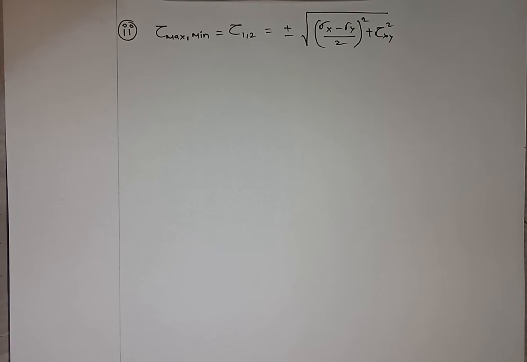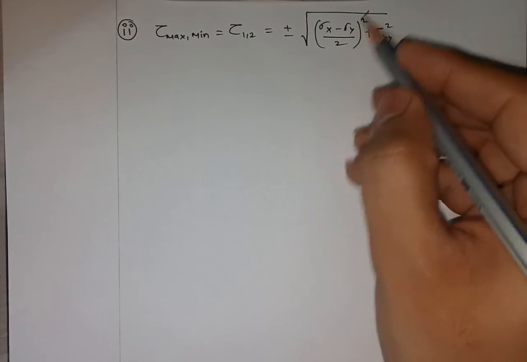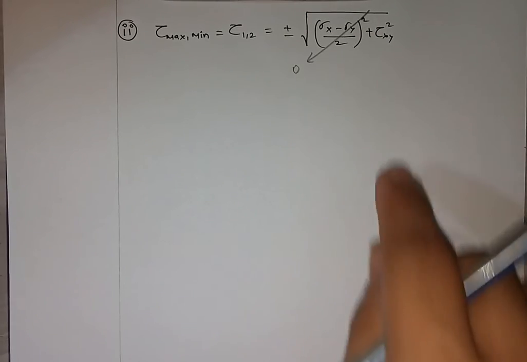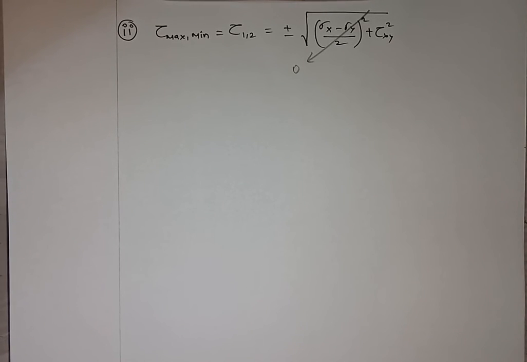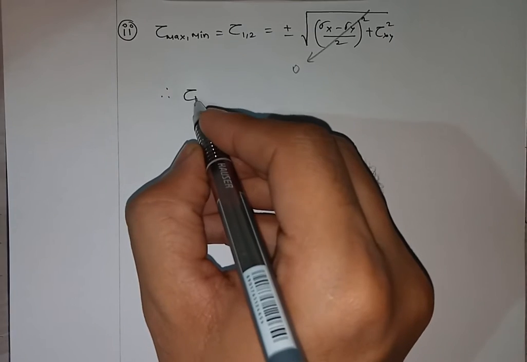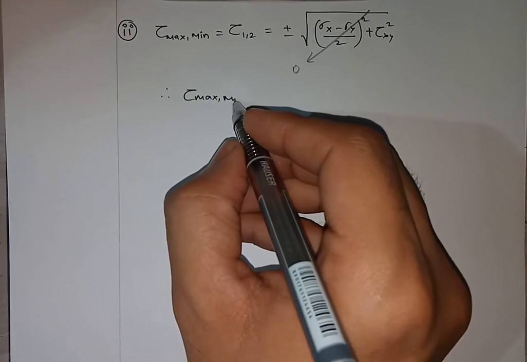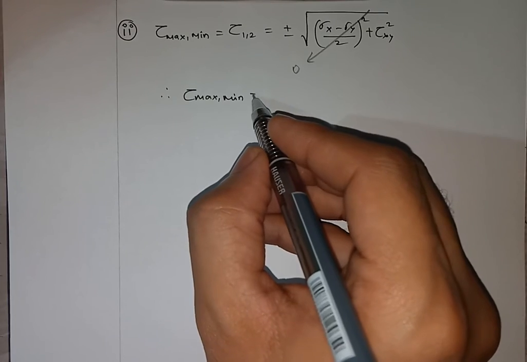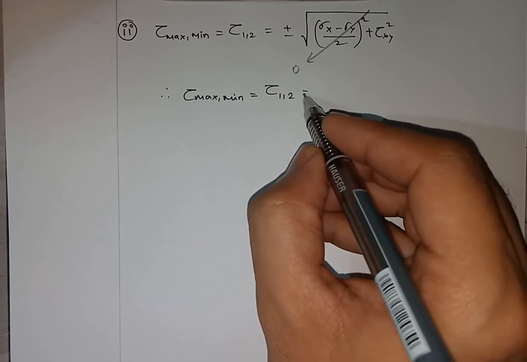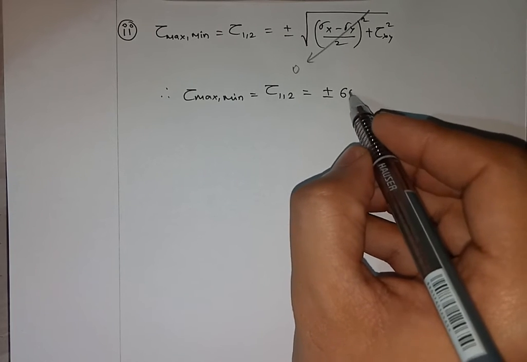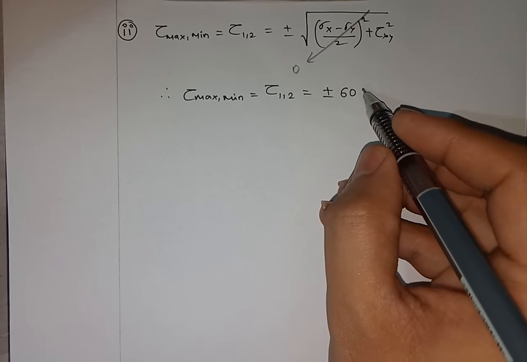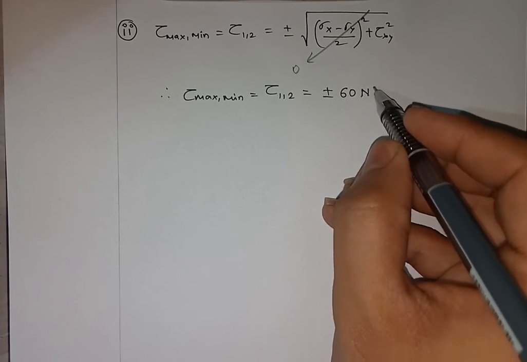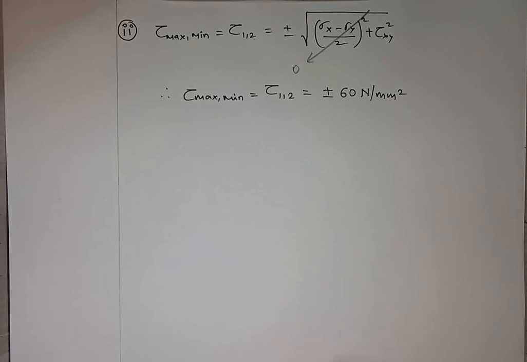Once again, in this, since sigma x and sigma y are missing, this term will be 0. Whereas this term exists, tau xy will always be there because its value is given to me. So therefore, tau max, tau min will be equal to tau 1, 2 will be equal to plus or minus 60 Newton per mm square.